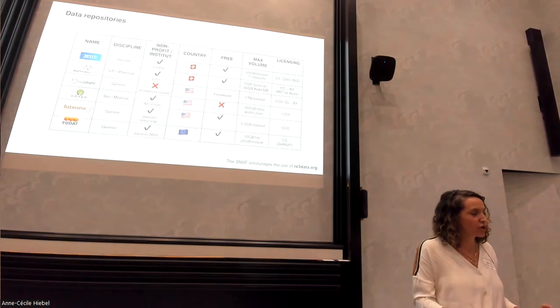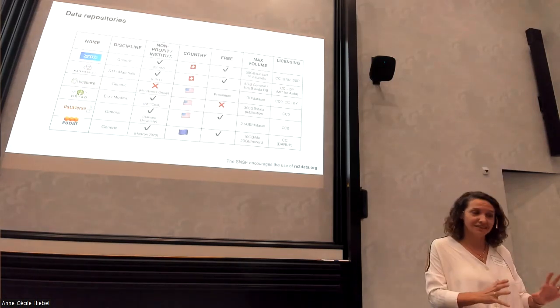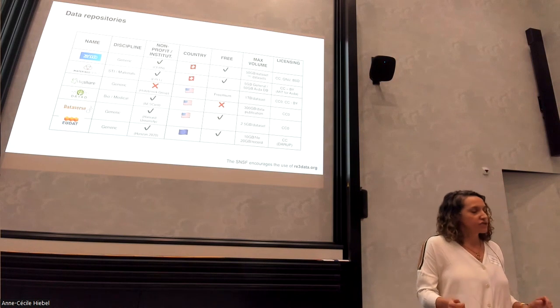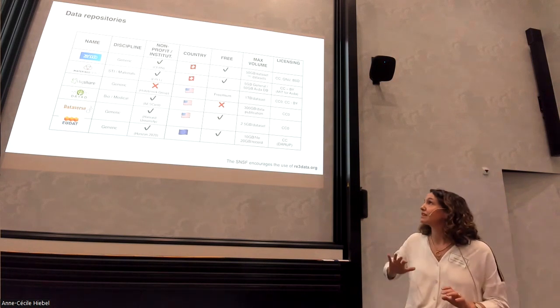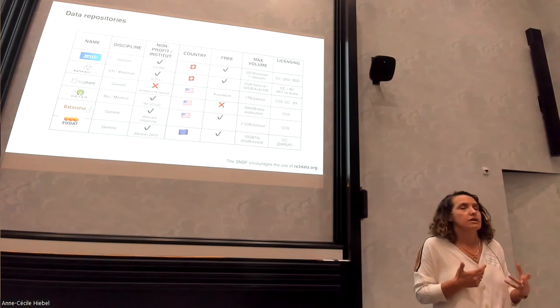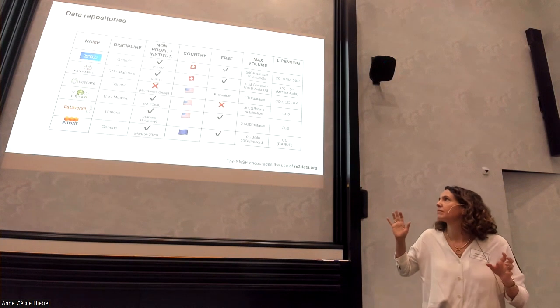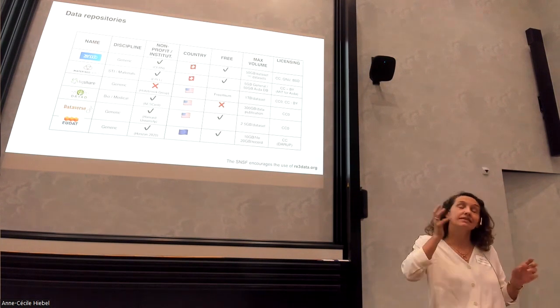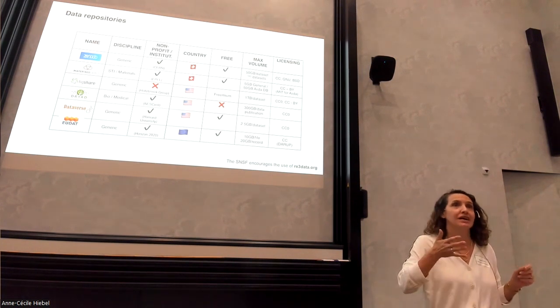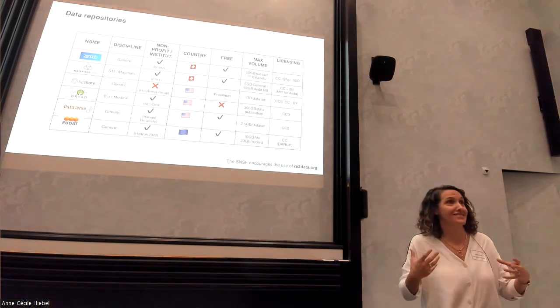And going now to the availability of data repositories, the indicators of ORD. So we know that there are many data repositories. This is just an overview, but when we select a data repository, we have to keep in mind that our funding agency accepts it.